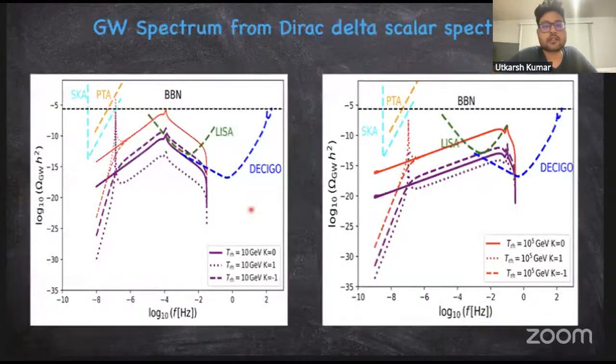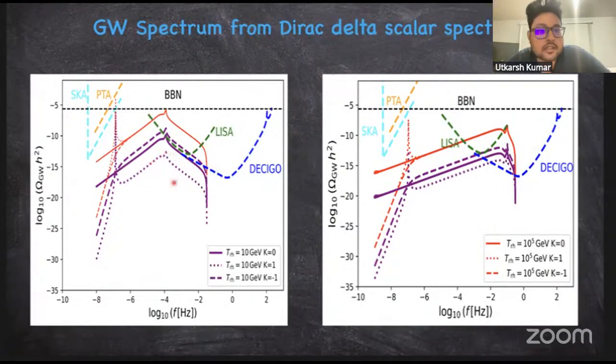So first we will plot some results and show how it depends on the different spatial geometry and other physics. In this slide, I present the gravitational wave spectrum induced from the primordial gravitational waves modes for the different spatial geometry.